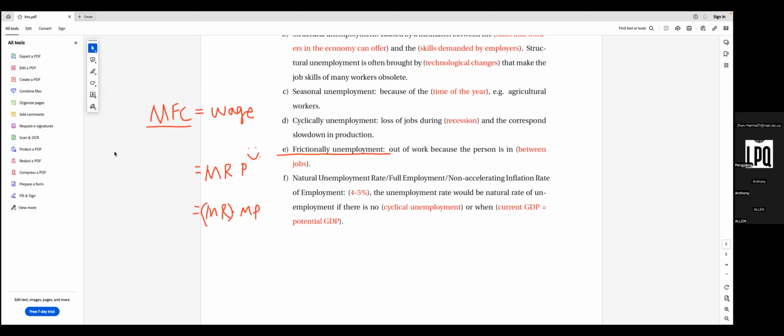So that means you want to increase MRP. MRP is the money you can make for your employer, for the company you are working for. Professionally speaking, using economic language, if you want to make more money, you want to increase MRP. By finding a new job, your MRP will increase.